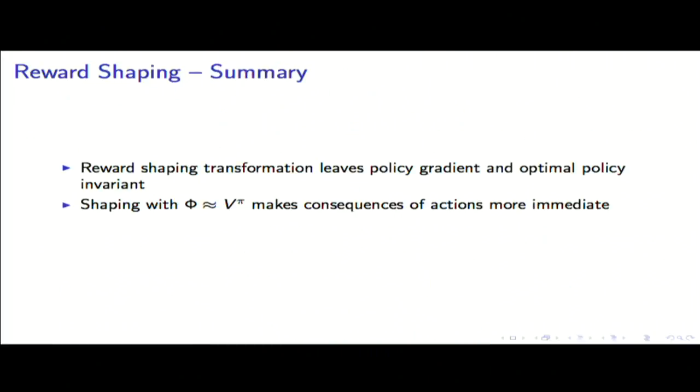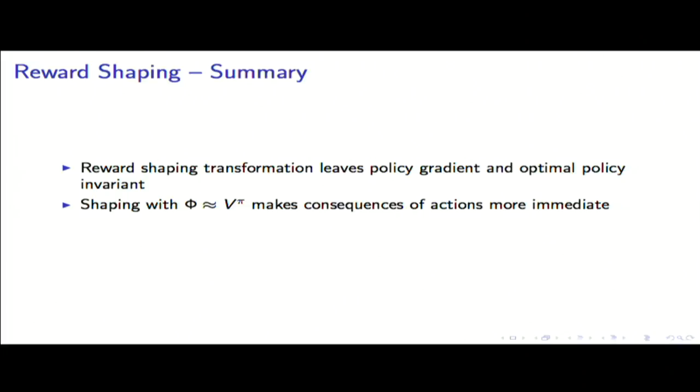So just as a summary of this discussion on reward shaping, and then I'll let you ask some questions: the reward shaping transformation leaves the policy gradient and the optimal policy invariant. All it does is shift the state value function and Q function by a constant. Intuitively, shaping makes the consequences of your actions more immediate.